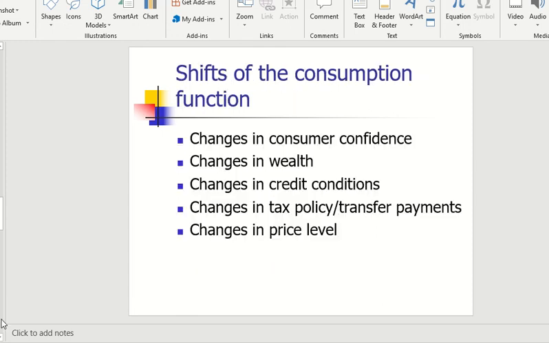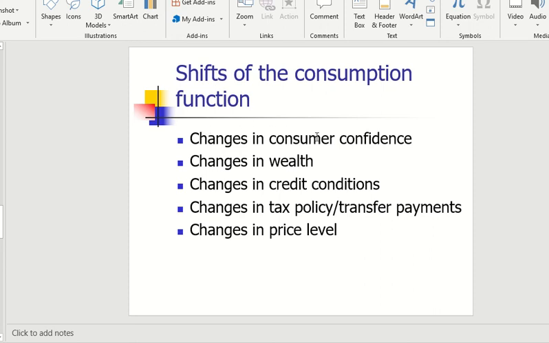We are going to go back to what we have learned very shortly before. We talked about some of the determinants of autonomous consumption, some of the factors that will influence consumption. These are the determinants that can shift the consumption function. We talked about consumer confidence. In fact, we actually talk about expectations of future income.